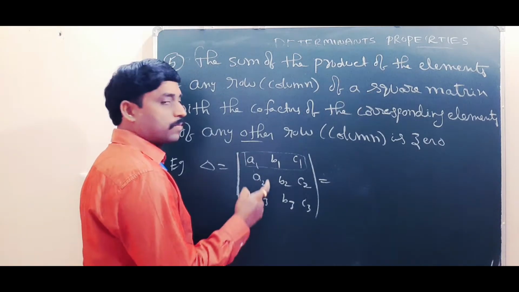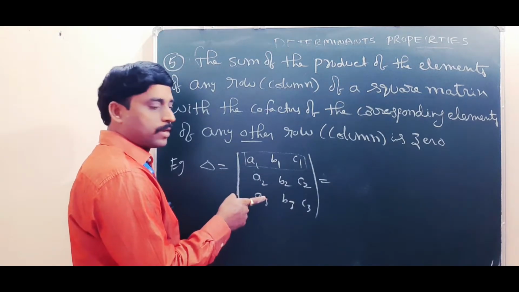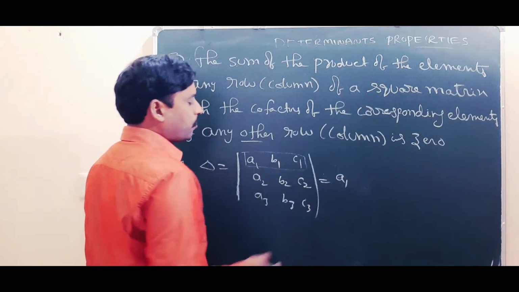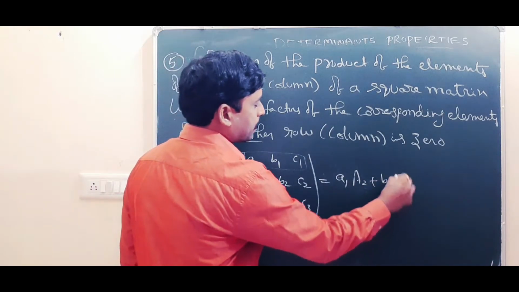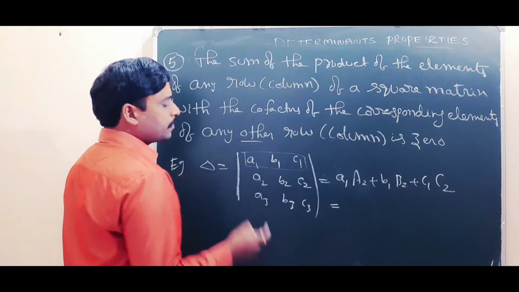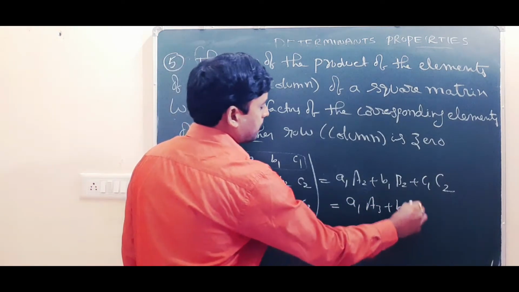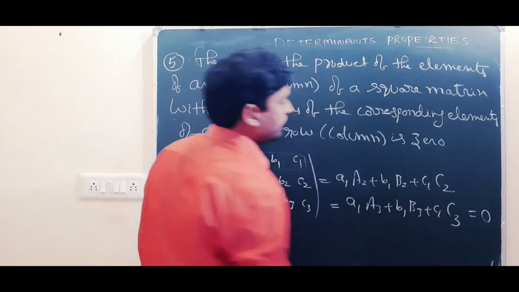The sum of the product of the elements of the first row with the cofactors of another row. So A1 into capital A2, B1 into capital B2, C1 into capital C2, or A1 into capital A3, B1 into capital B3, C1 into capital C3 equals 0.